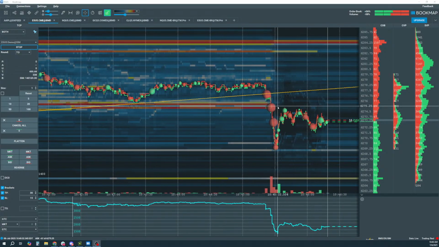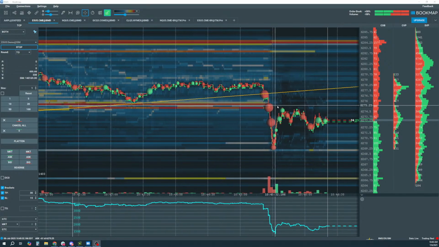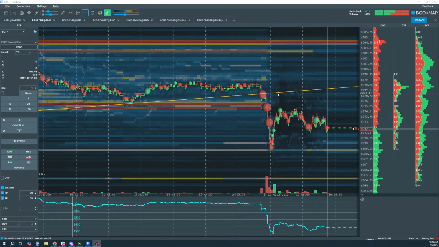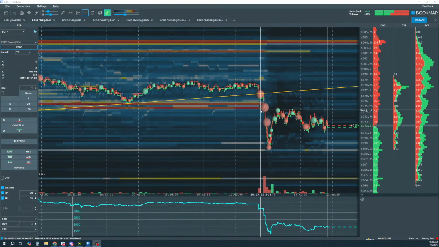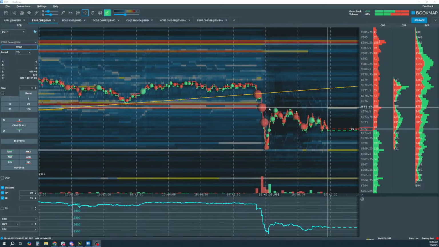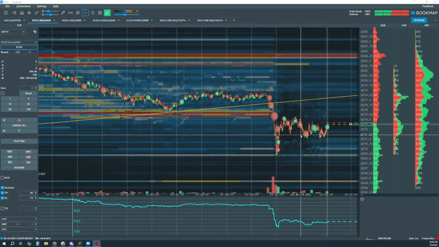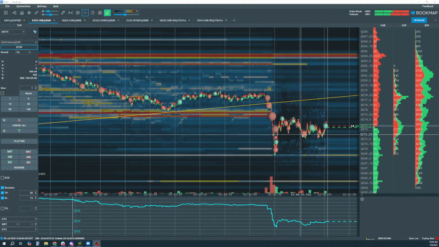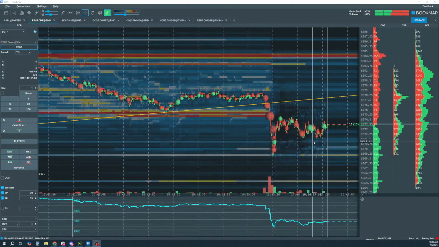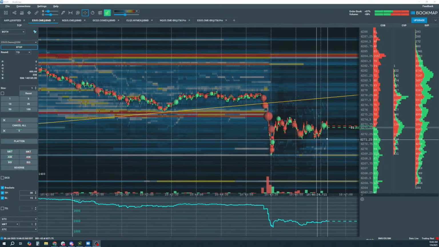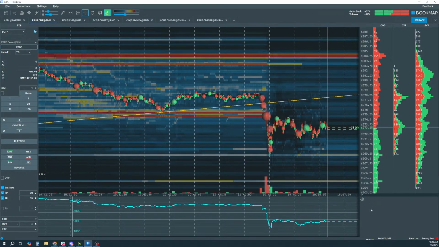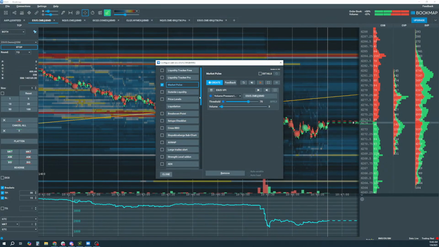I still don't like it. Looking for the trend to establish itself first before looking for low volume pullbacks. I've got stops and icebergs here as well to show you.